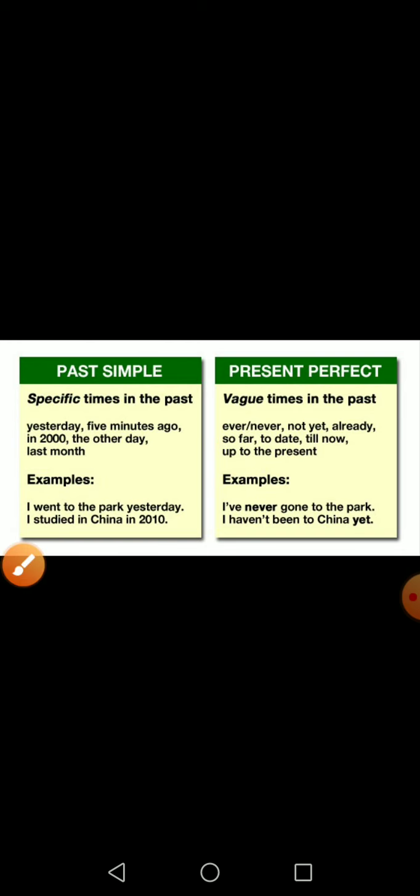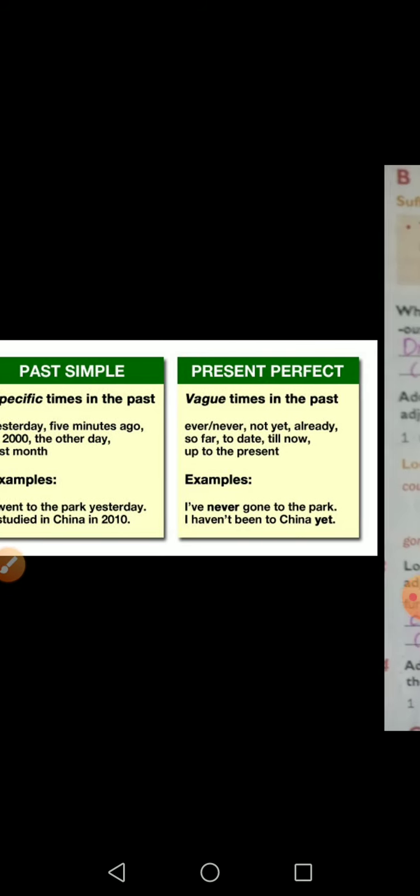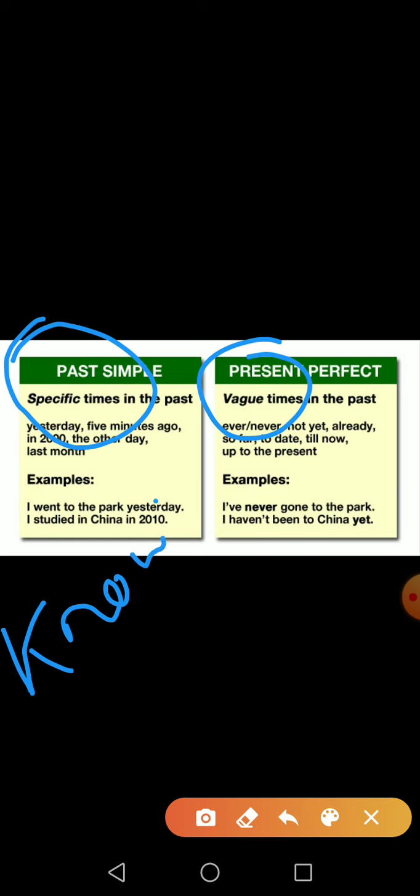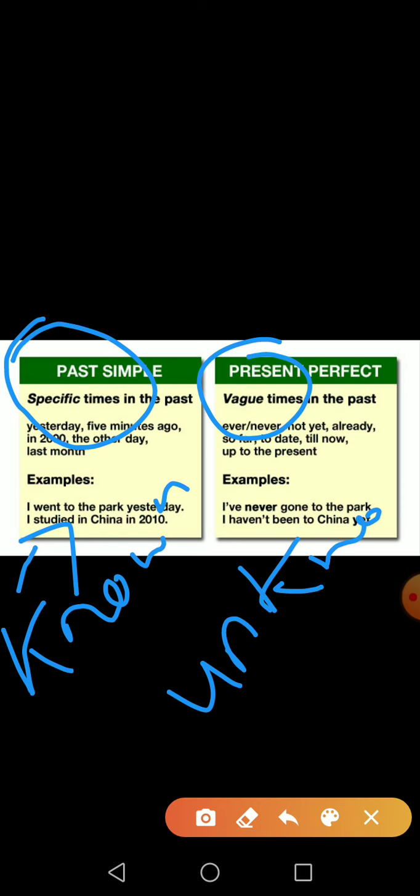So, if I want to talk about vague times, I use present perfect. If I want to talk about specific times, I use past simple. If I say known time, it is past simple. Unknown time, it is present perfect.